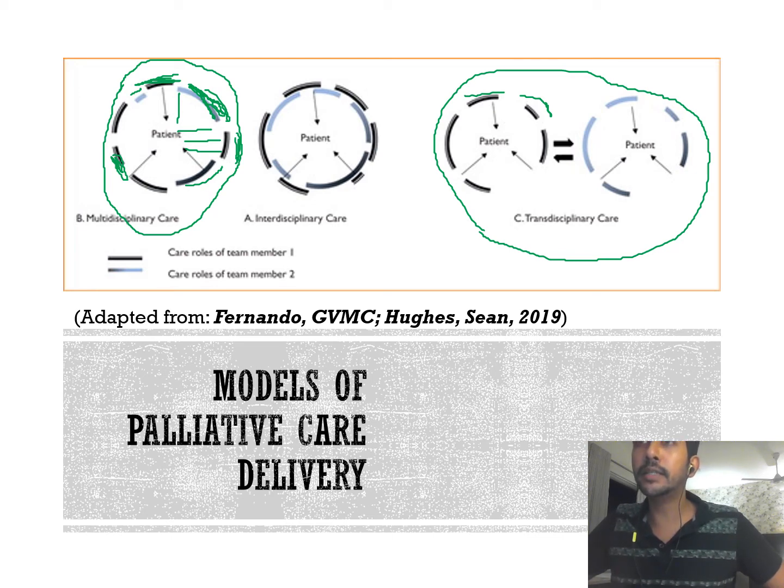When this initial team works on a shift, and when the shift expires, they transfer this care to a new physician, new nurse, new physiotherapist, and so on. They have very clearly defined roles, which are non-overlapping. One physician transfers the care to the other physician, one nurse to the other, but there are significant care gaps, if you can see.